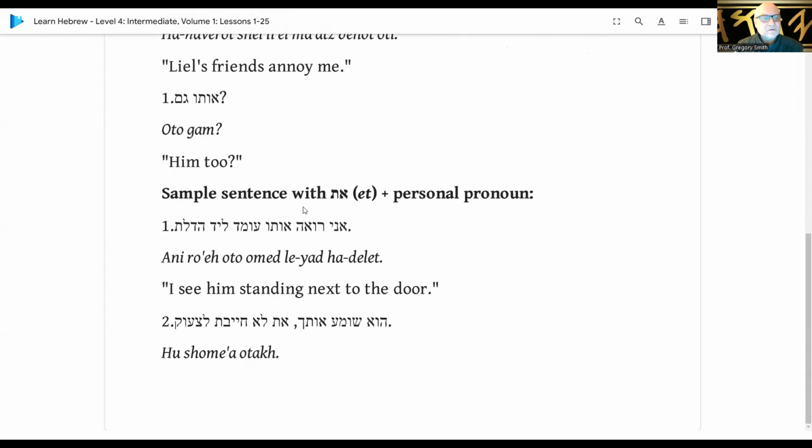All right, a simple sentence with et plus personal pronoun. Okay, we have ani ro'e oto. So I, let's see, it has to do with seeing him. Then, ani omed leyad hadelet. Okay, so I am standing by the door. Hadelet is the door.